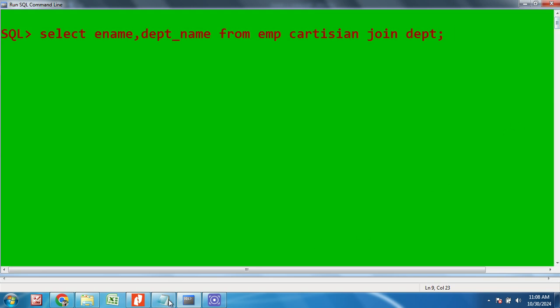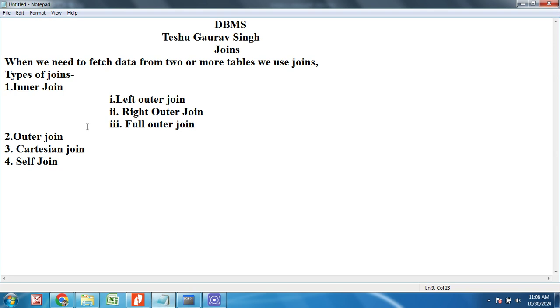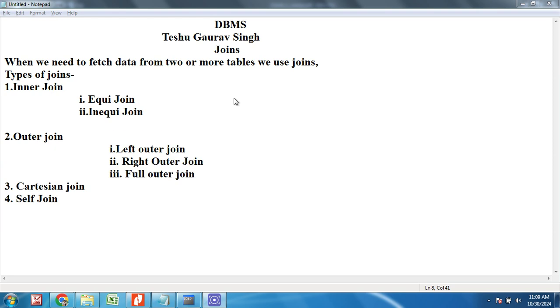So up till now we have seen the equijoin, inequijoin, inner join, left outer join, right outer join, and full outer join.